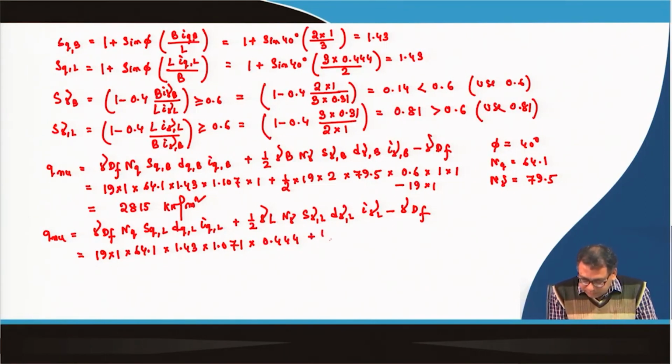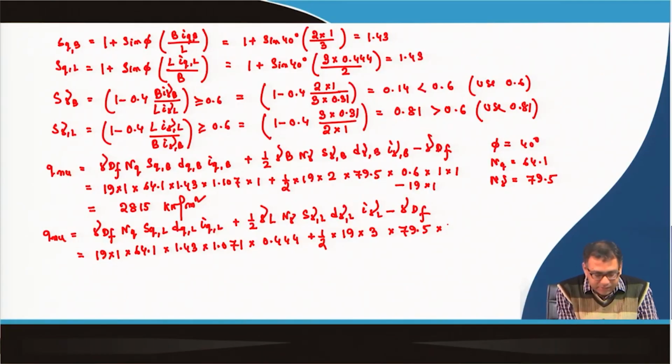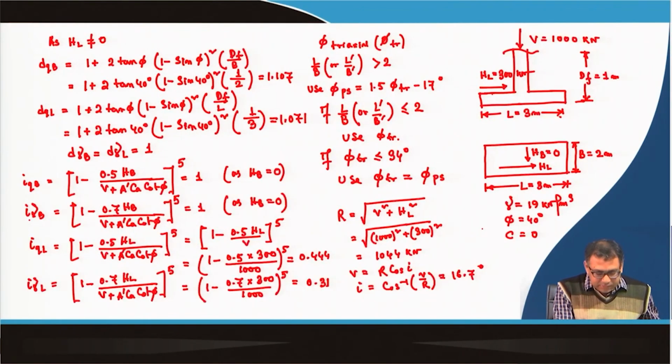Then plus half into 19, L is 3 meter into 79.5, S gamma L is 0.81, then D gamma L is equal to 1, and i gamma L is 0.31.